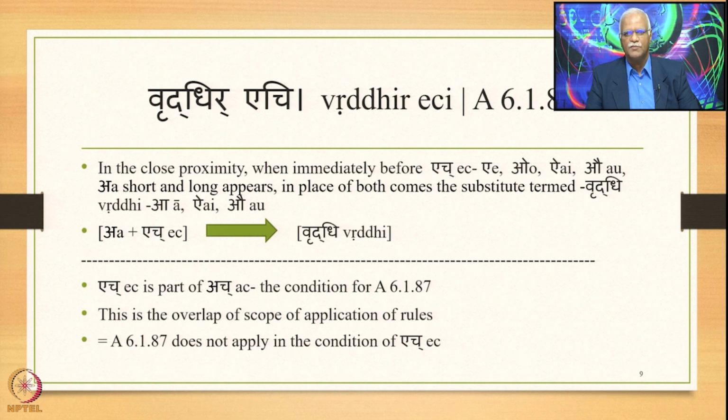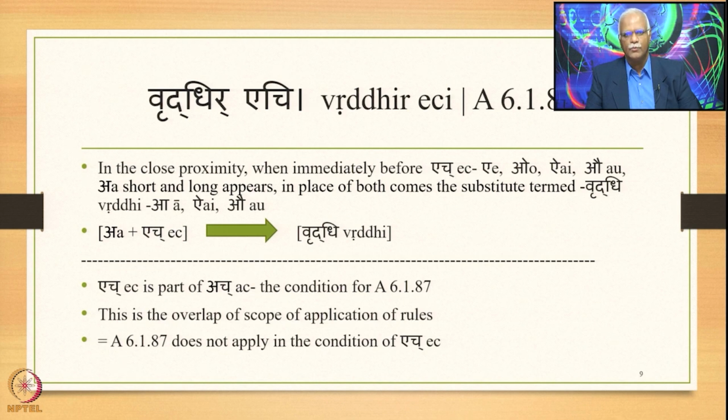So, the Sutra means once again in the close proximity when immediately before Ech, that is E, O, Ai, Au, a short and long A appears, then in place of both of them comes the substitute termed Vriddhi. Vriddhi means Aa, Ai and Au. This is stated by Vriddhiradaich 1.1.1.